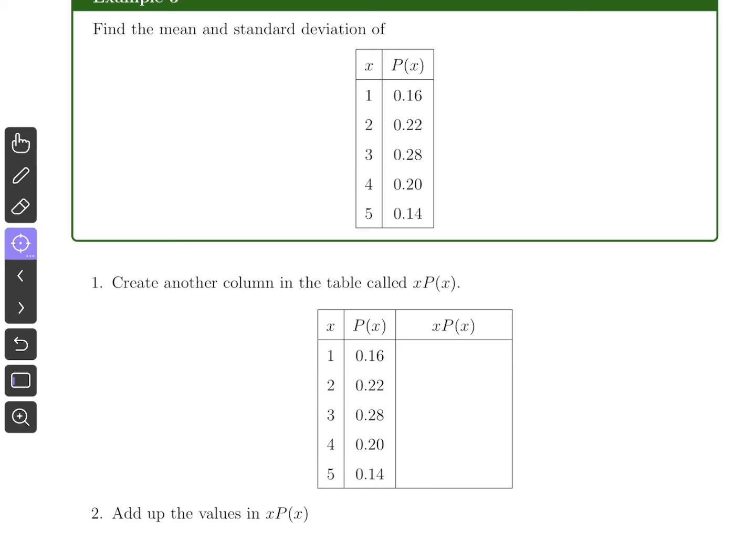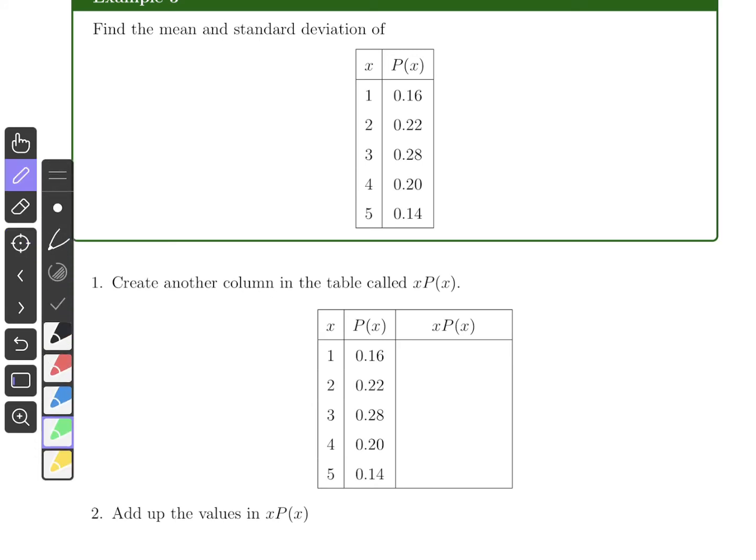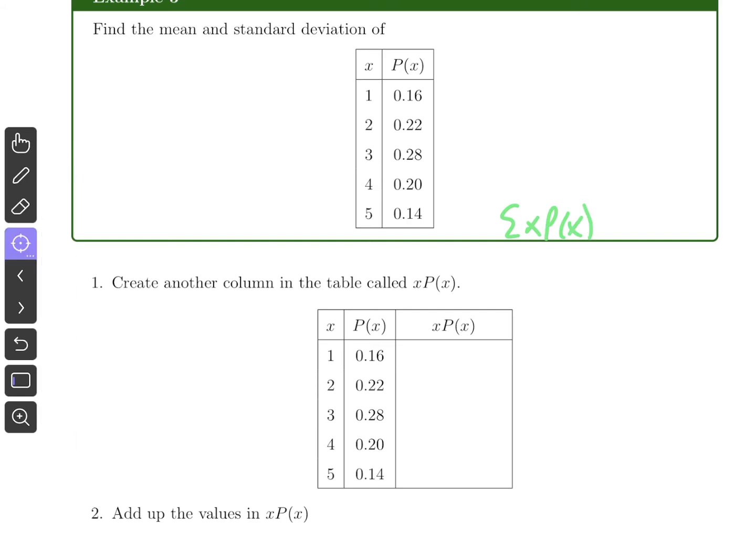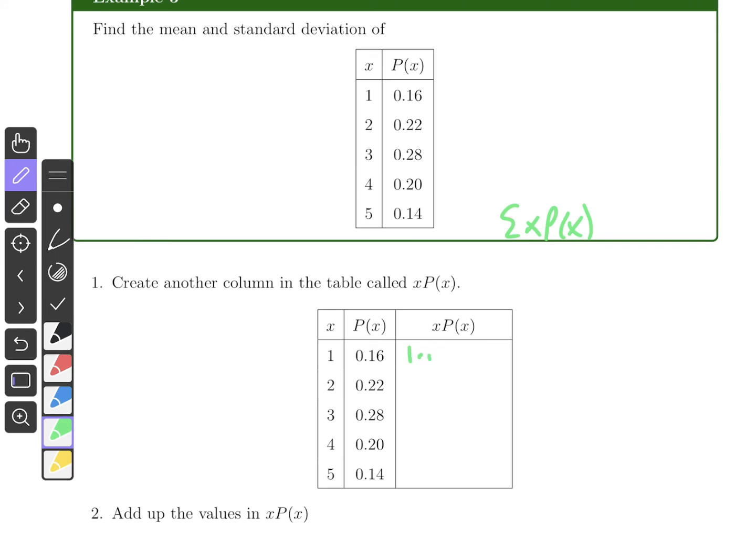Because remember, in the formula for the mean, you multiply your outcome times the probability and then add them all together. So the first thing we have to do is calculate x times the probability. In this case, it's 1 times 0.16, which is pretty easy. It's 0.16. Then this is going to be 2 times 0.22, right?